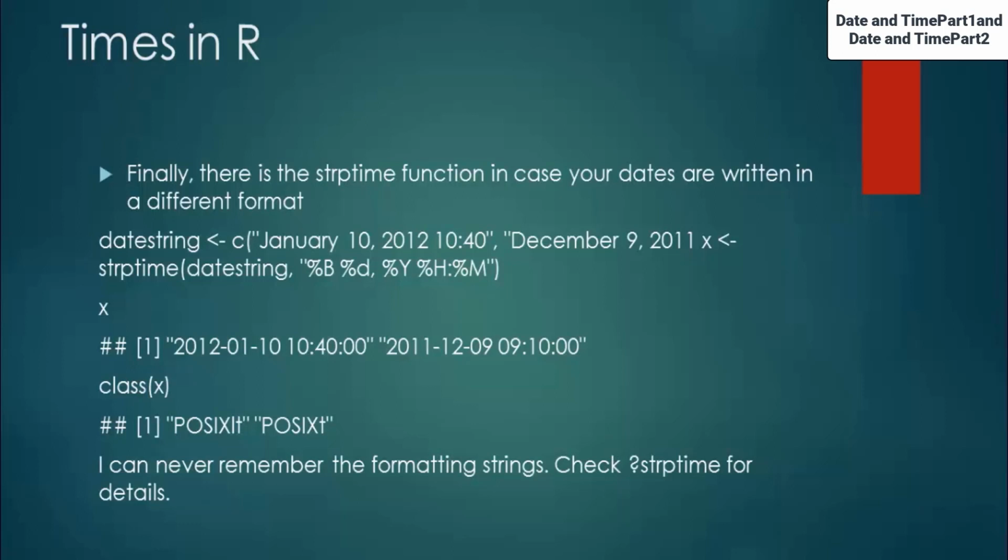So this will convert January 10th, 2012 10:40 into 2012-01-10 10:40:00. Again, December 9, 2011 also converts to 2011-12-09. So now the class of x will give POSIXlt. The default strptime function will return POSIXlt, which is also a POSIXt class.